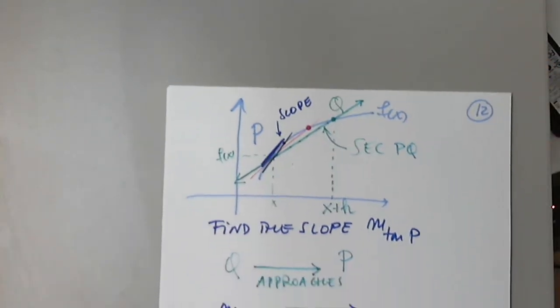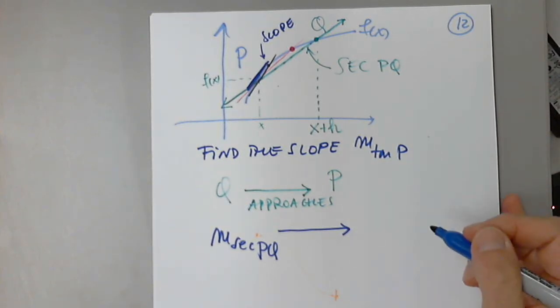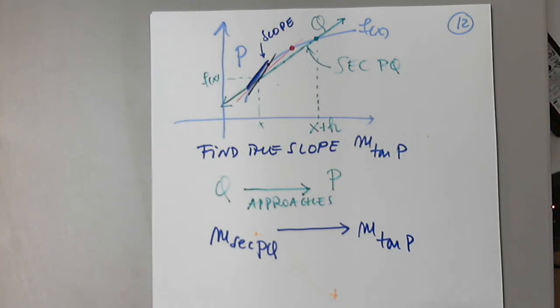The slope of the secant line will approach the, of course. As we get closer, Q closer and closer to P, the slope of PQ will be closer and closer to the slope of the tangent line at P. Would you agree?